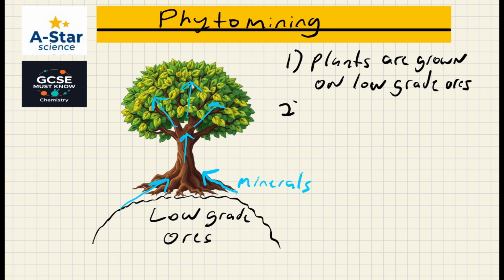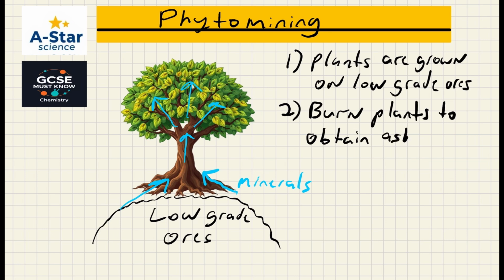Once that happens, the plants are then going to be burned. So they're going to burn the plants to obtain the ash. That's what they really want. They've burnt off the carbon, that's turned to carbon dioxide, but the ash remains, and a lot of that ash contains a lot of those particular minerals. So step number 3 is, how do they get the minerals out of that ash?